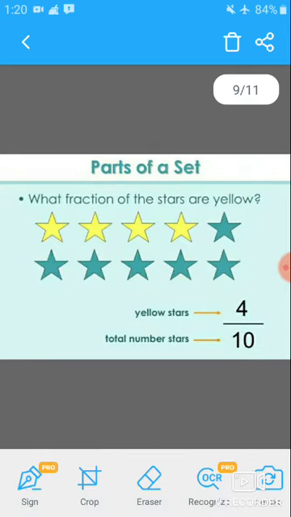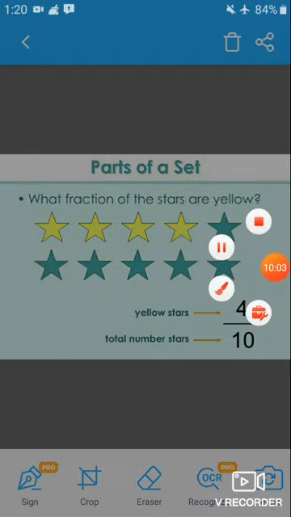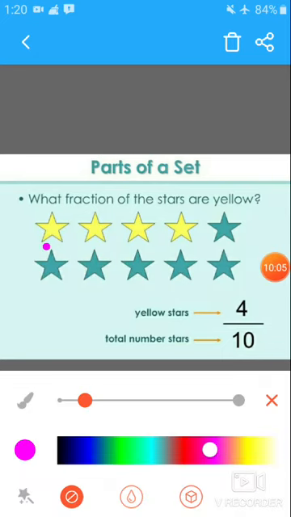Now students, what fraction of the stars are yellow? So let's count the total number of stars. 1, 2, 3, 4, 5, 6, 7, 8, 9 and 10. It means total number of stars are 10. You can write 10 as a denominator.